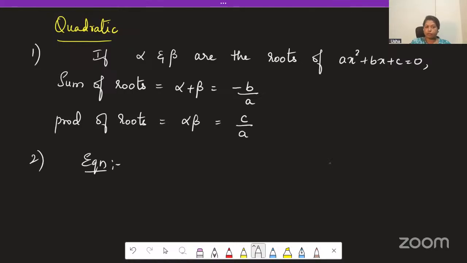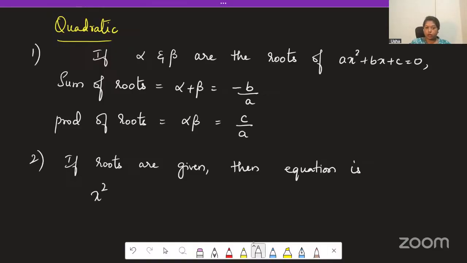If roots are given, how to find the equation? x square minus sum of the roots into x plus product of the roots equals 0. If two roots are given, add them, then x square minus sum of the roots into x plus product of the roots equals 0. This is the equation.